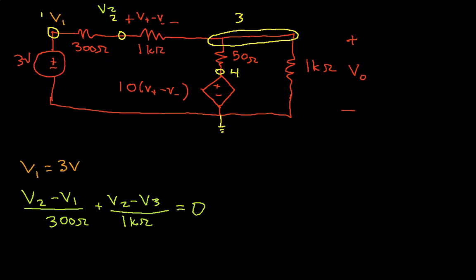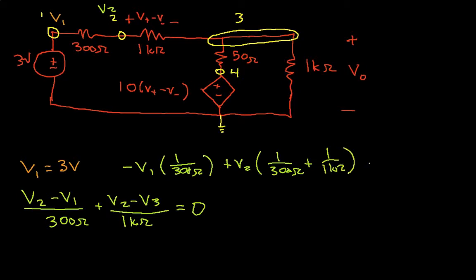And we can then simplify this as minus V1 times 1 over 300 ohms plus V2 times (1 over 300 ohms plus 1 over 1k ohm) minus V3 times 1 over 1k ohm is equal to 0. Okay, so that's our second equation.